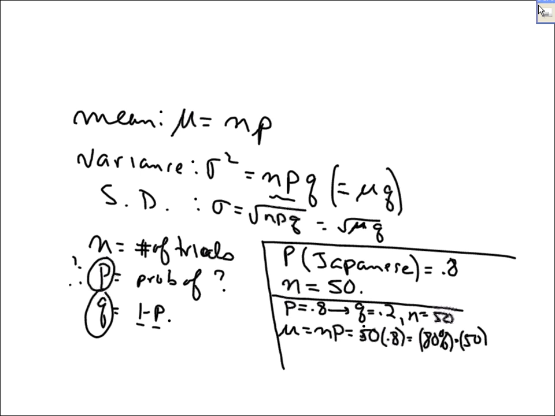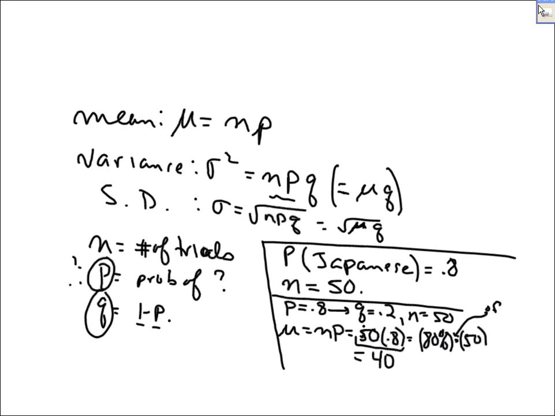And times is the same as of. You would expect the average number of Japanese ball players to be 80% of 50. And 50 times 0.8 is 40. You would expect on average the number of players to be 40.